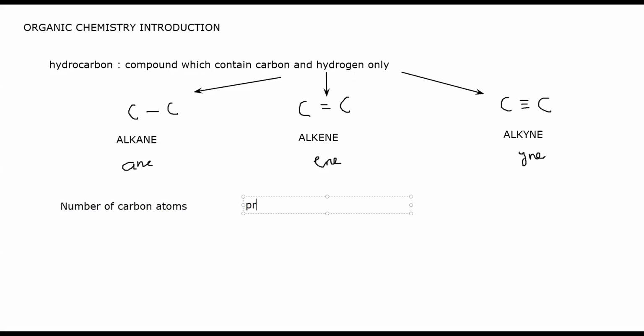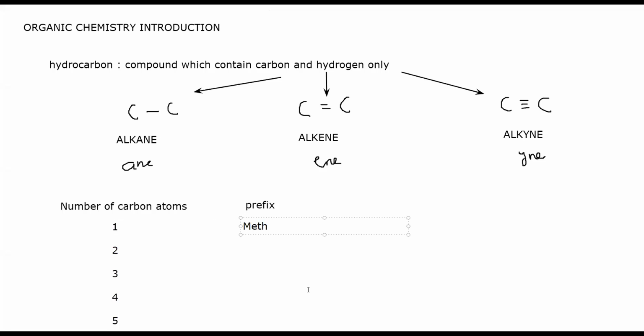And the prefix, so maybe it may have one carbon, it may have two carbon, 3, 4, 5. So if it is having one carbon, then the prefix we use is meth.